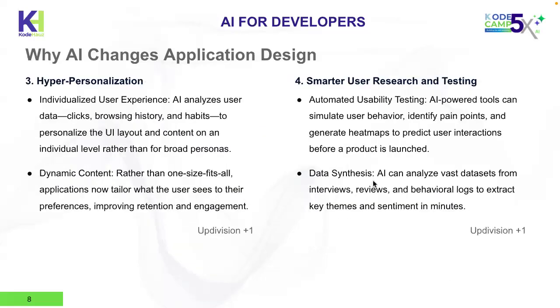So the other thing that you get is the hyper personalization, which I talked about. So you now have individualized user experience. AI can analyze data, clicks, browse history, your habits, and personalize the user interface layout even more, and the content, on an individual level rather than for broad personas like we were using before.